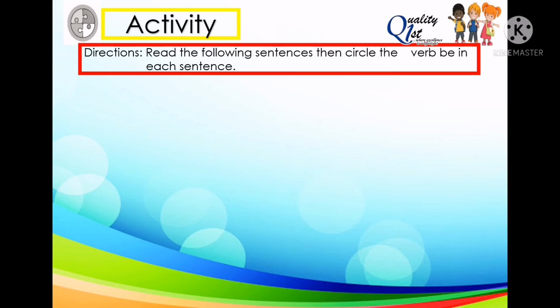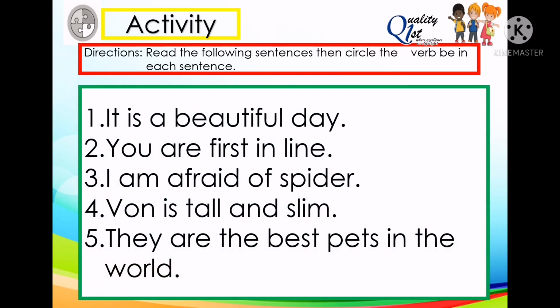Let's do some activities. Directions. Read the following sentences, then circle the verb be in each sentence. Okay? Now, for number 1, it is a beautiful day. The be verb is, well done kids, is. For number 2, you are first in line.